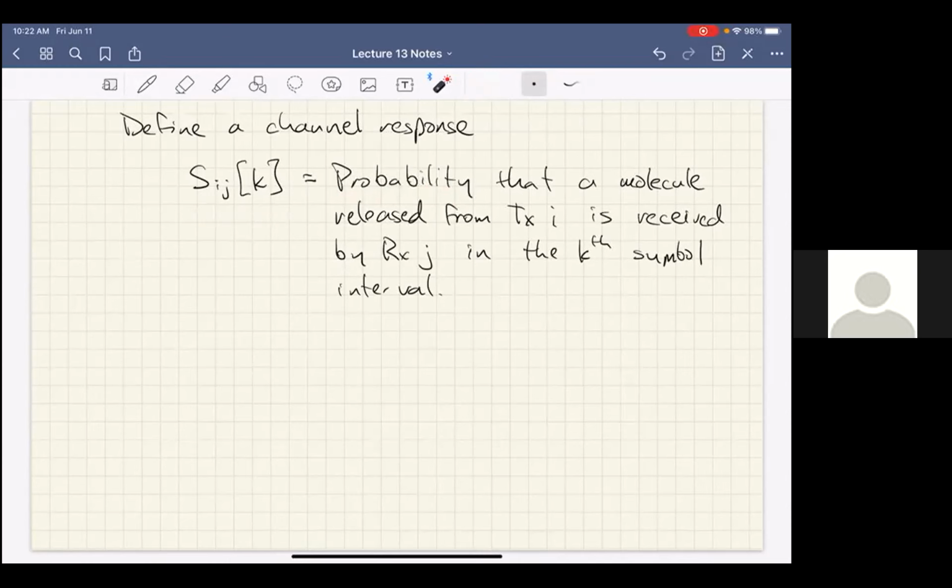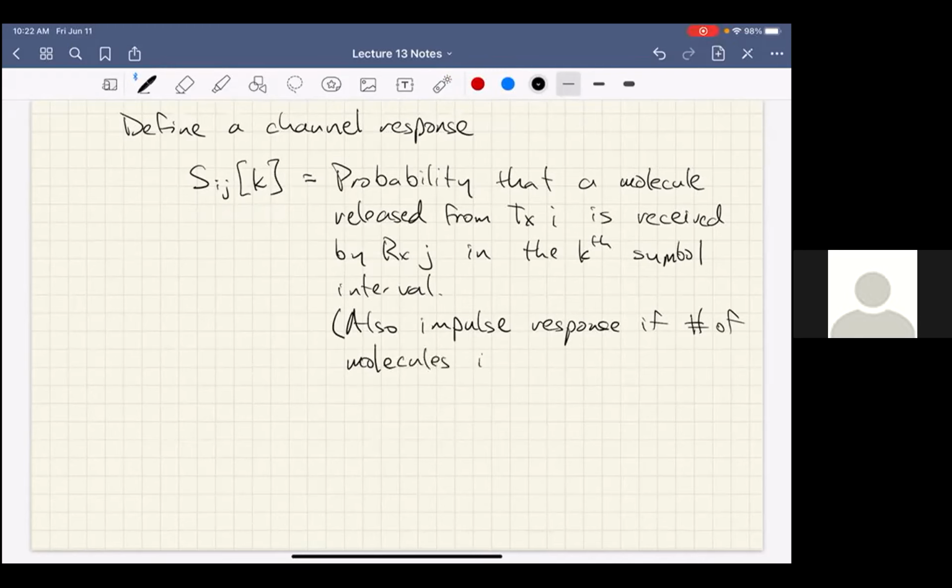But for analyzing MIMO communication systems, you can also think of this as the impulse response, if the number of molecules is large.